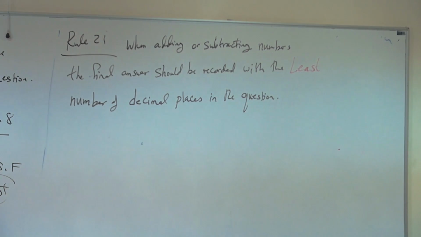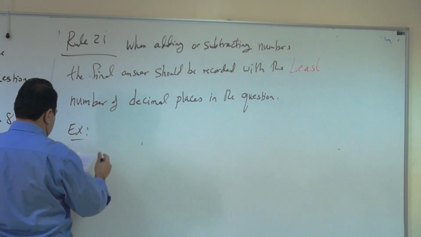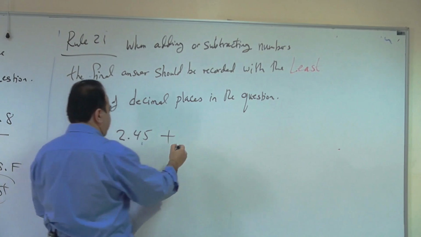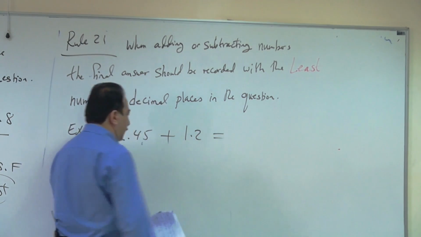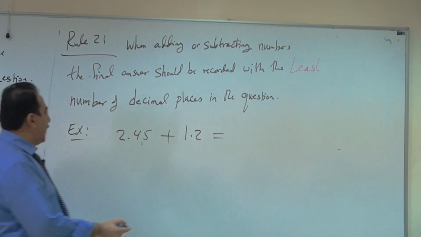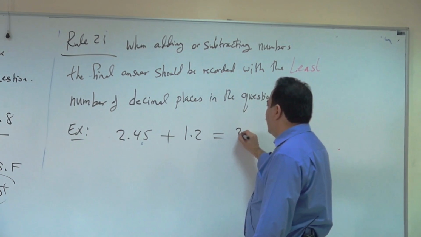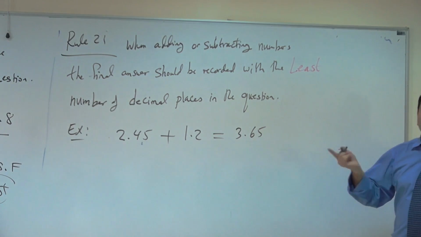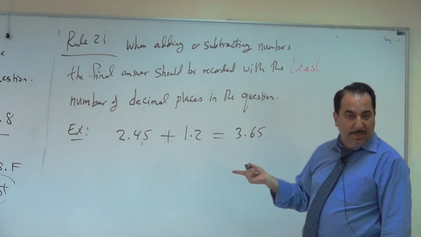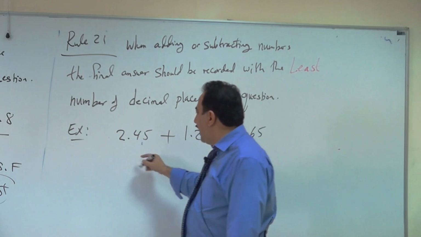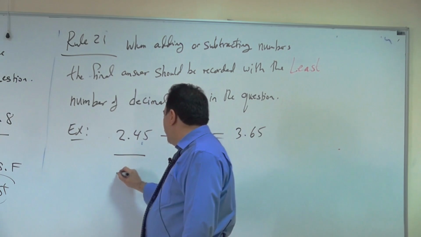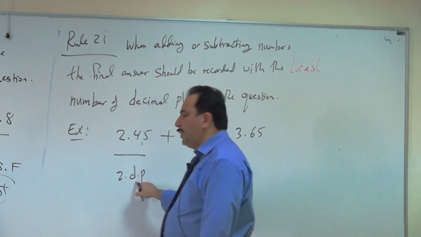Example. Let's say you have 2.45 plus or minus, it doesn't matter, 1.2 equals. Now if I add it just normally, what's the answer? 3.65. Okay? Now, the rule is not about significant figures. It's about decimal places, in addition and subtraction. Here, how many do we have? 2 decimal places.